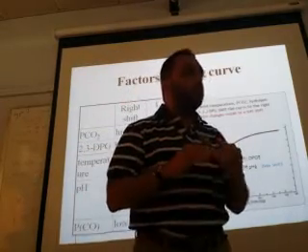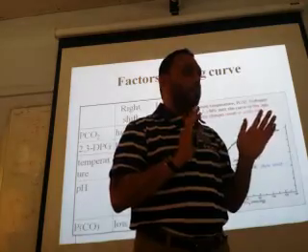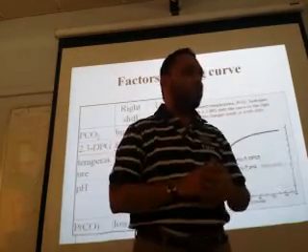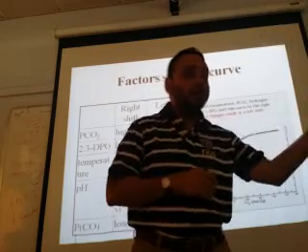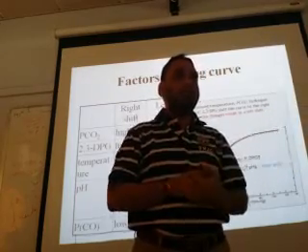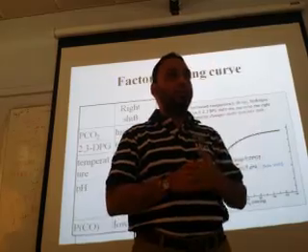So below, B, Bohr. Below means tissues. High or height, Haldane, means lungs. So inshallah it will be very easy for you to remember.